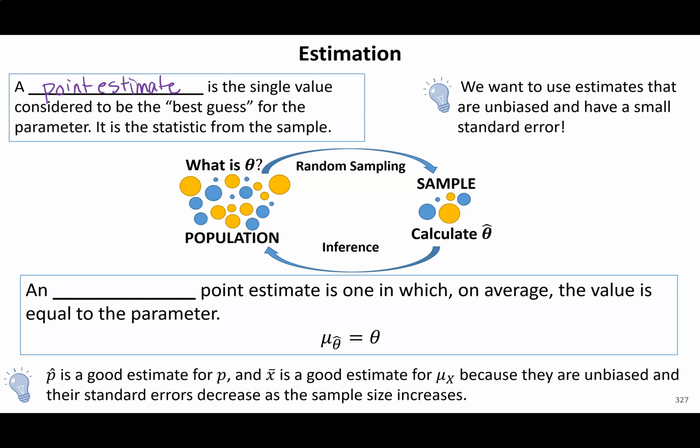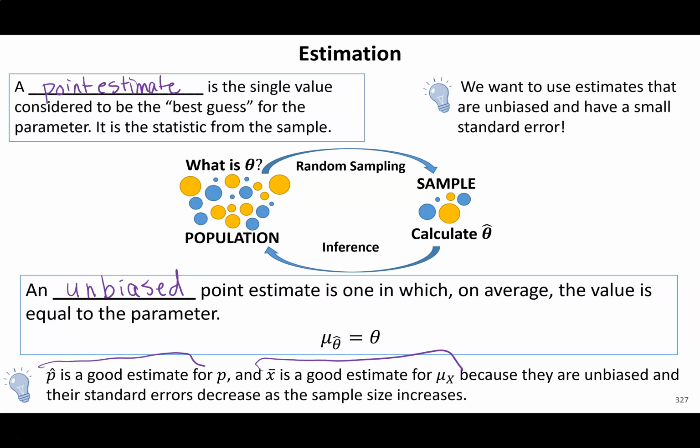So our happy place is when a point estimate is unbiased. Because if it's unbiased, this means on average, the sample mean is equal to the population mean, which is good, right? Because you want something that's going to be accurate over time. So in general, p hat is unbiased for p, x bar is unbiased for mu.